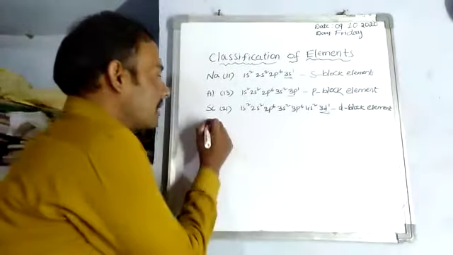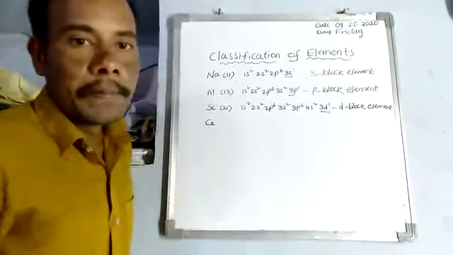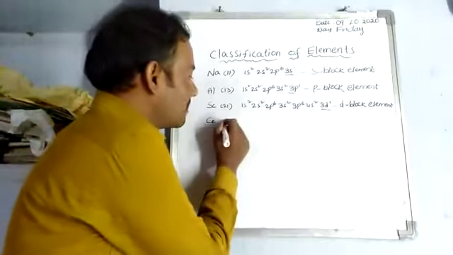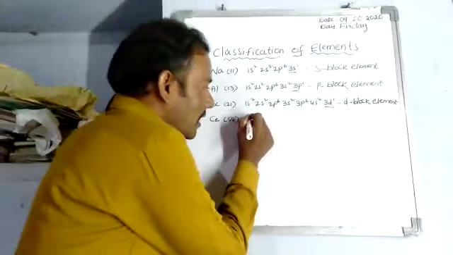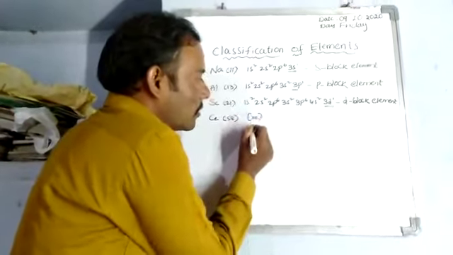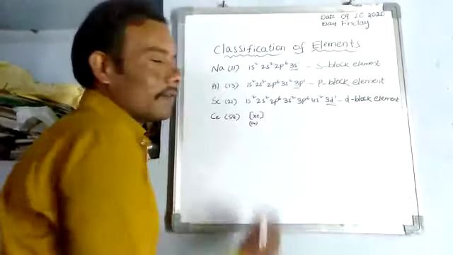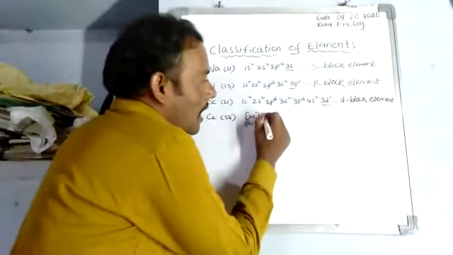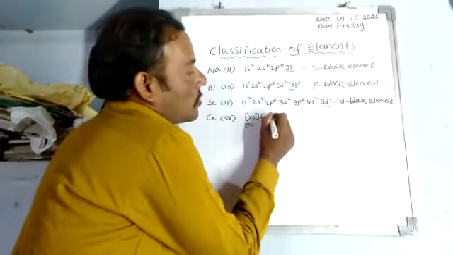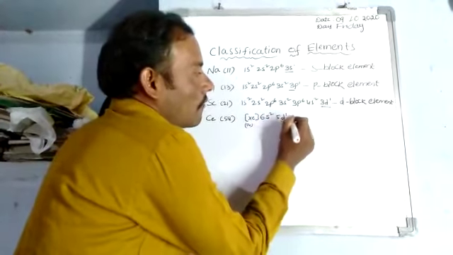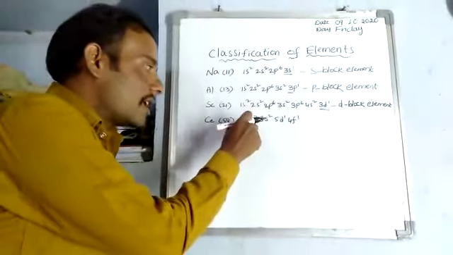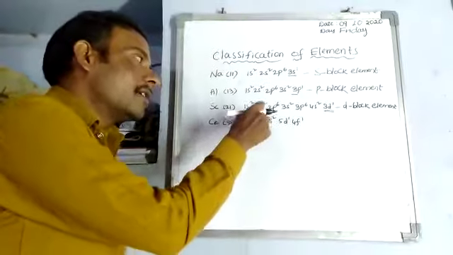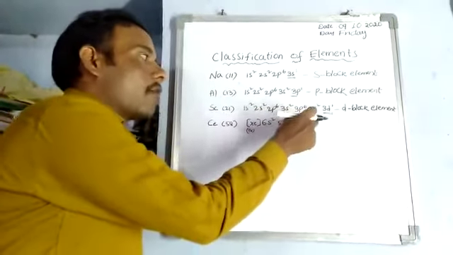Now come to cerium. The atomic number of cerium is 58. Here we are taking xenon, which is 54. The next is 6s2, 5d1, 4f1. So the electronic configuration of cerium is [Xe] 6s2 5d1 4f1.